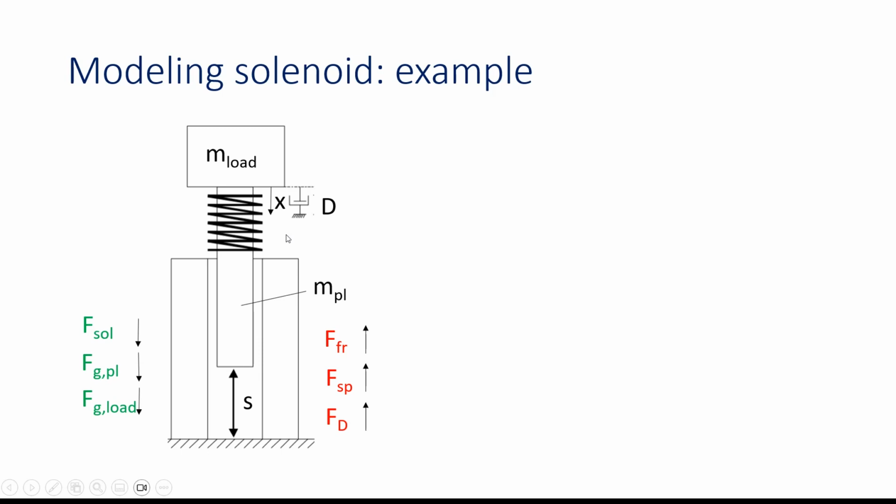Well, now let's add all the equations which are necessary when you want to define a model, either in Excel or in MATLAB, or using Simulink, for instance, which is a really nice environment for making a model. So we had the electrical equation, which said that the voltage was equal to R times I plus L times di/dt plus the back EMF voltage, I times dL/ds times the speed of the plunger.